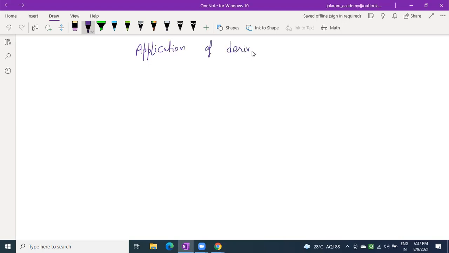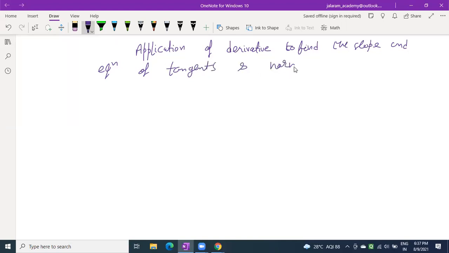Derivatives means differentiation, to find the slope and thus to find the equation. When we find the slope, we can easily find the equation of tangents and normals to a curve.